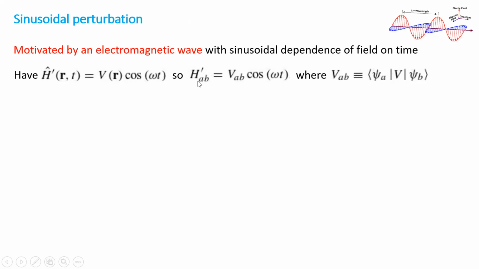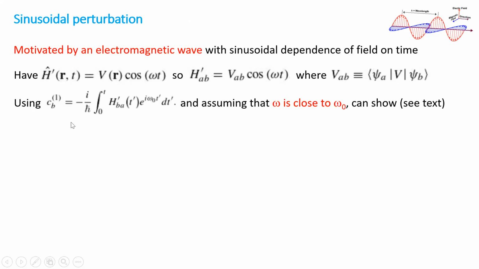And then the matrix element H_AB of the perturbation would be V_AB cosine omega t, because the matrix element only involves an integral over space. So that would be this matrix element here, psi A, V, psi B, which gives V_AB, and then times the cosine of omega t here.